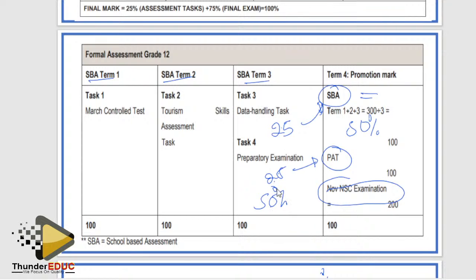That's why these subjects which have PET are easy to pass. Why? Remember, SBA is done from school, so it's easy to pass. PET is done from school, it is easy to pass. The only thing which is not easy to pass is this final exam, which is also 50%.